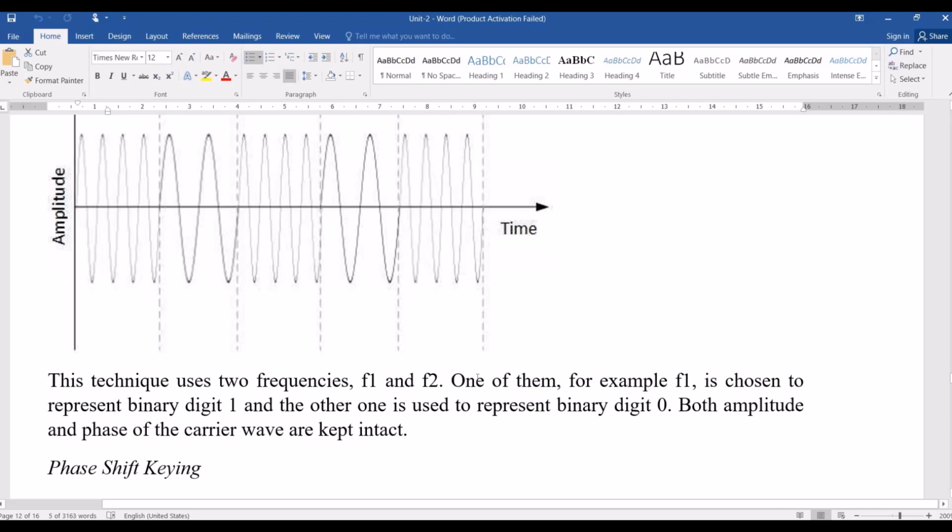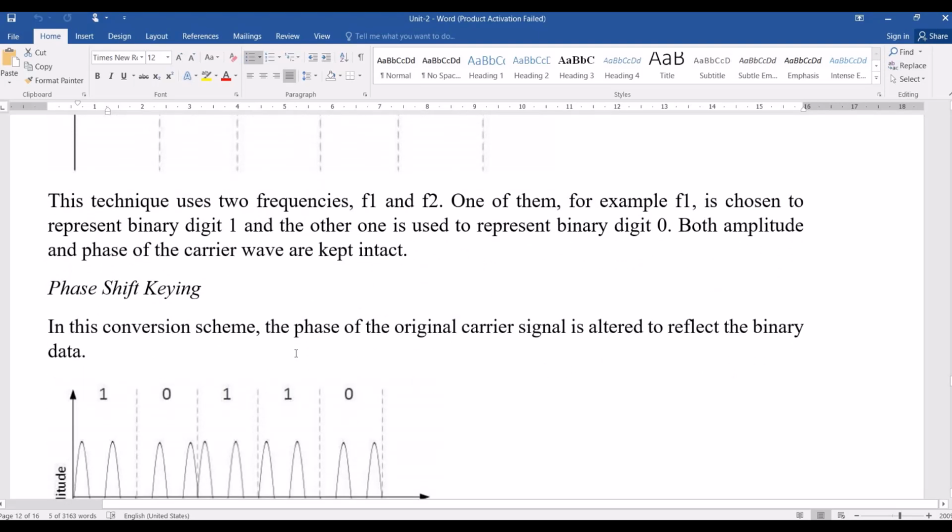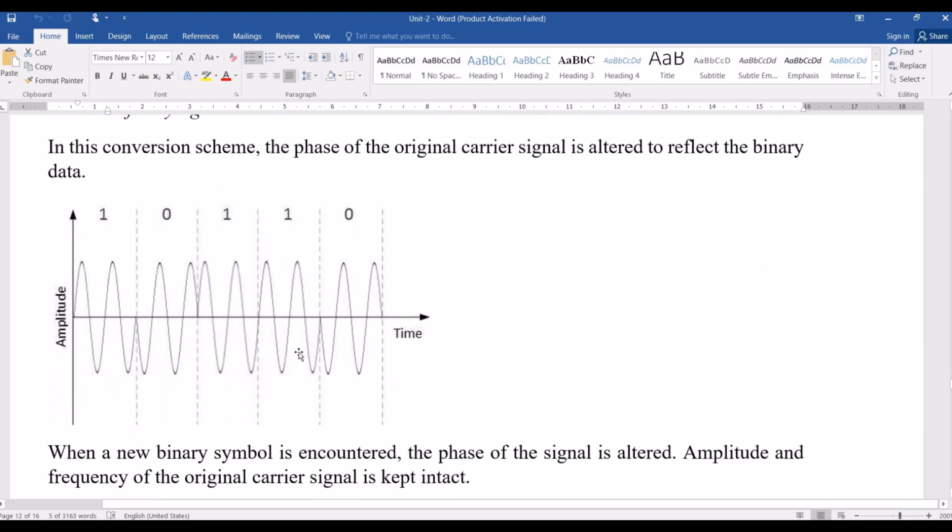If it is 0, then it uses the low frequency. If it is 1, then it uses the high frequency. It alternately uses the high and the low frequency based on the digital data.